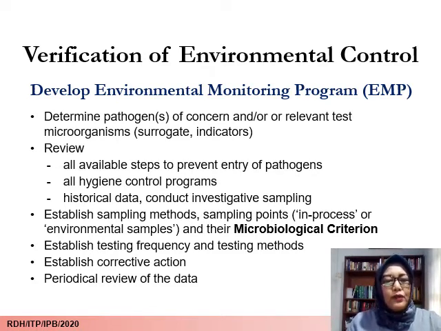It also has to review all available steps to prevent entry of pathogens, all hygiene control programs, as well as all historical data, including conducting investigative sampling when necessary. EMP also establishes sampling methods, sampling points, and their microbiological criteria. EMP also establishes testing frequency and methods, as well as corrective action and periodical review of the data.